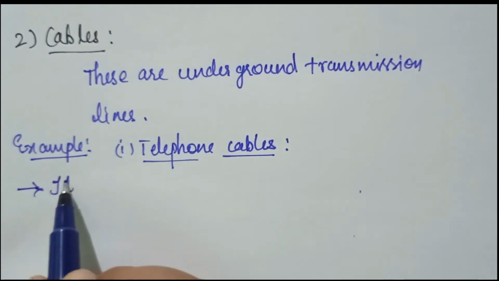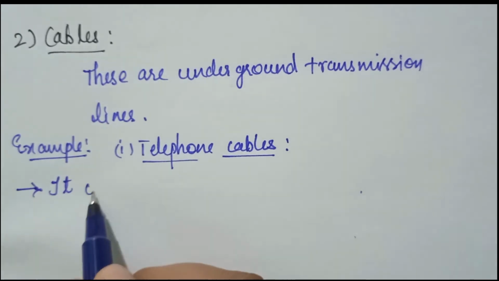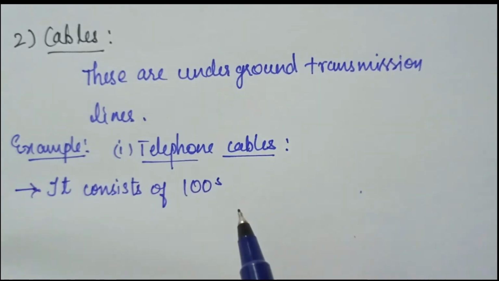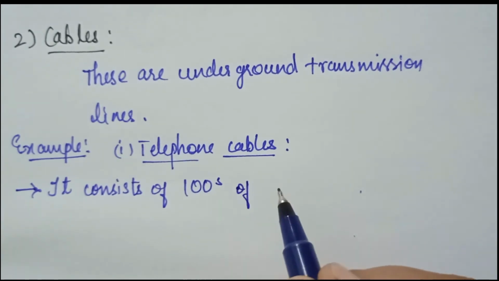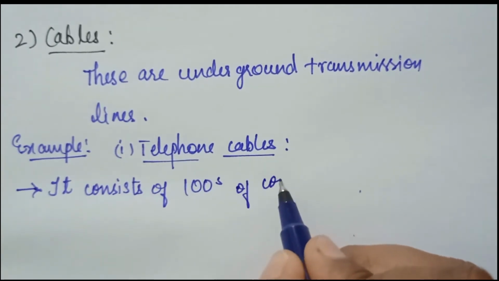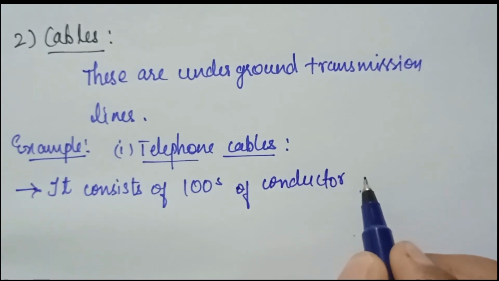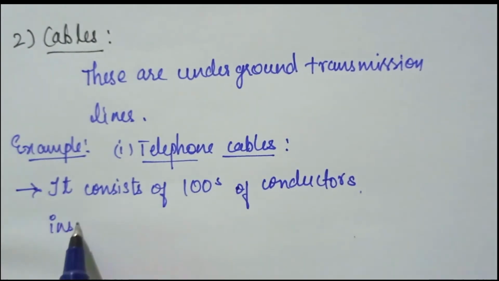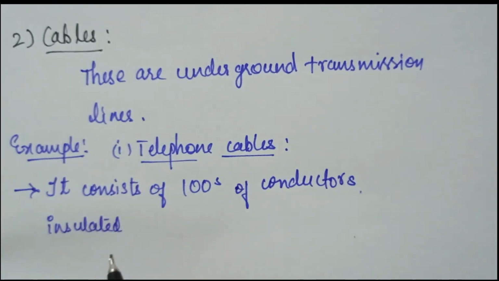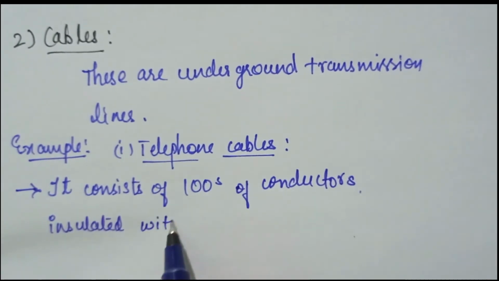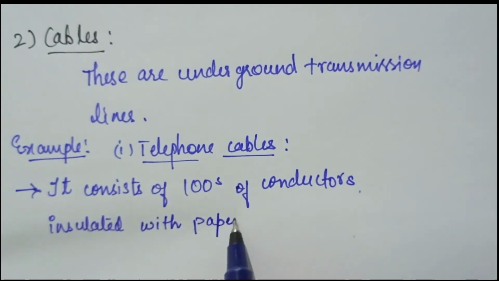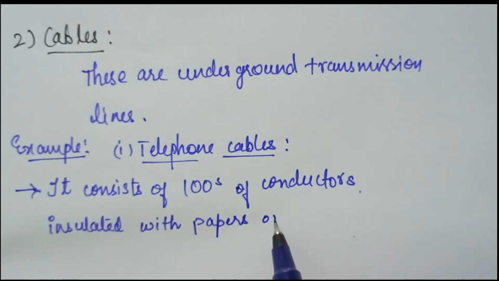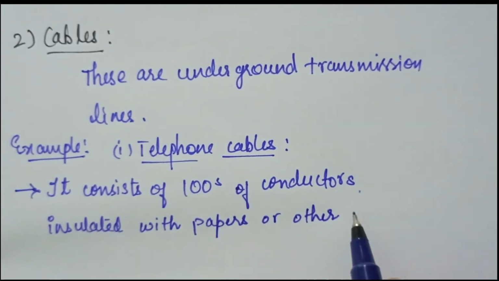This type of telephone cable consists of hundreds of conductors which are insulated or covered with paper, a special type of paper called oil impregnated paper, or any other solid dielectric material.